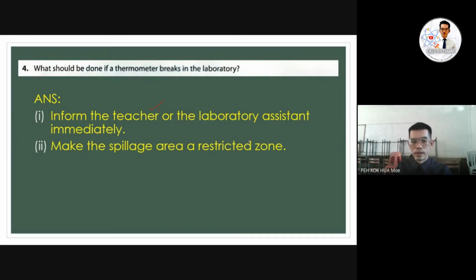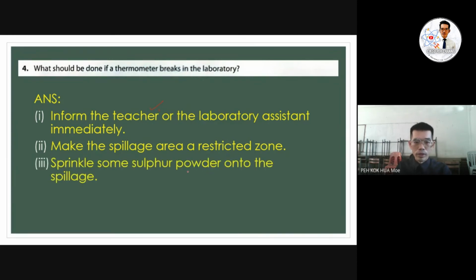Next, sprinkle the sulfur powder, which is a yellow powder, onto the mercury spillage. And then call the fire department if the mercury spill is serious. So we have a total of 4 steps for handling a mercury spill.